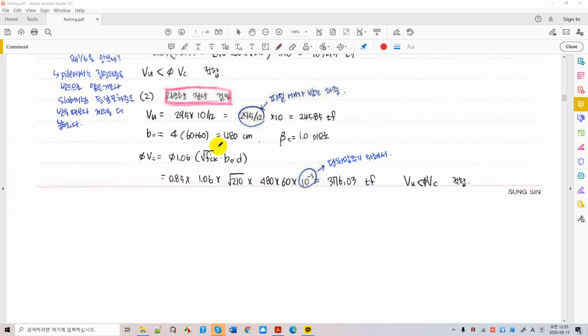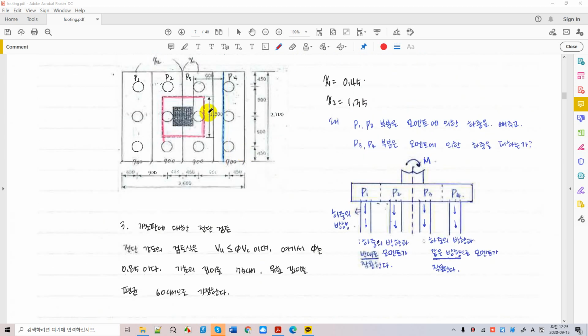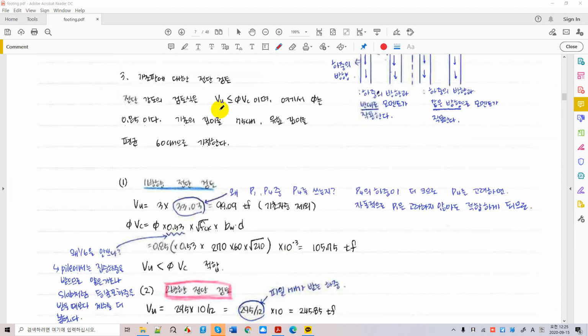Two-way shear is this, right? This is the critical section for punching shear, and how many piles contribute to the punching shear is going to make a hole on the pile cap in the middle. We have 8 here, and 9, 10. So 10 piles are going to contribute to a punching shear failure if there is any.